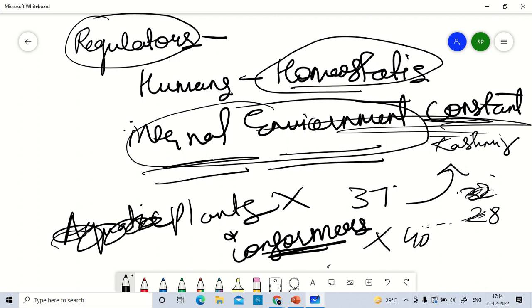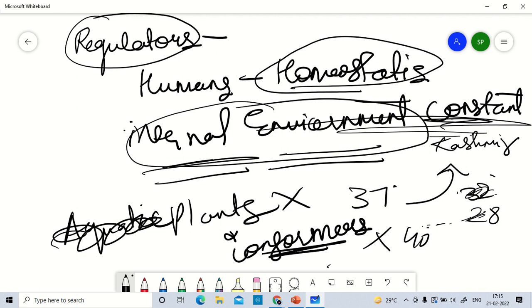But can everyone afford it? Is everyone so rich as to afford air conditioners and heaters? No. So that's why we can say that generating heat or losing heat, thermoregulation, to keep your internal environment constant all the time, is very energetically expensive.